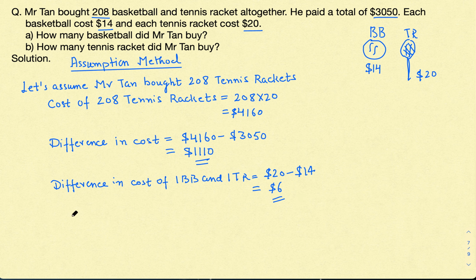So let's find out. The total number of basketballs which Mr. Tan has bought will be the extra total cost he would have paid if they were all tennis rackets, $1,110, divided by the extra cost of buying one tennis racket, $6, which will give me 185.